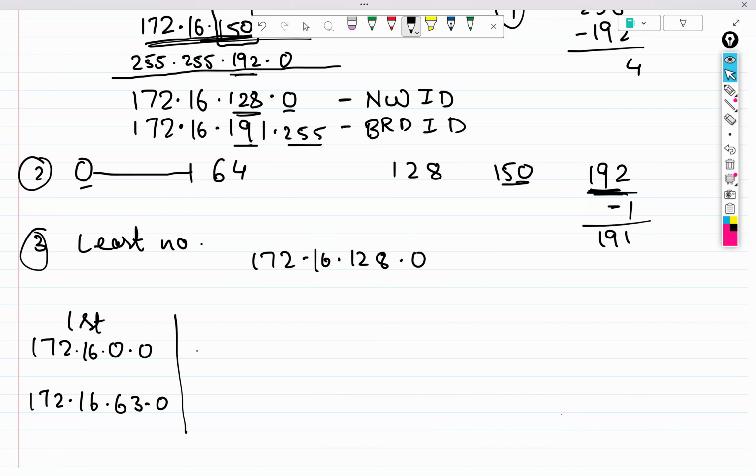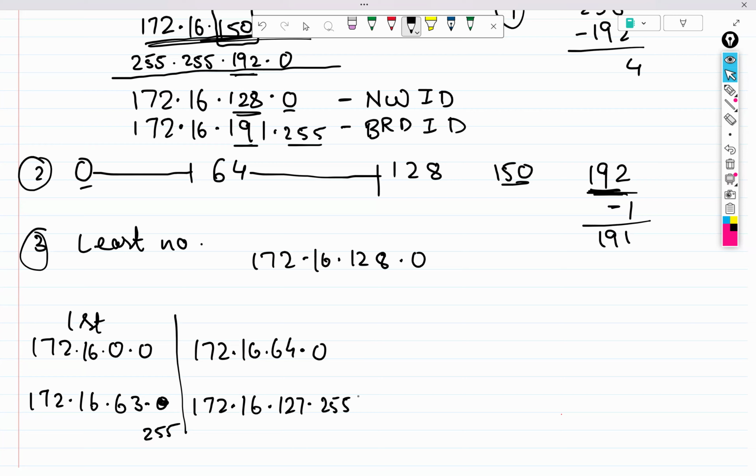The second subnet starts at 172.16.64.0 and it goes up till 172.16.127.255. Right? This is my second subnet.